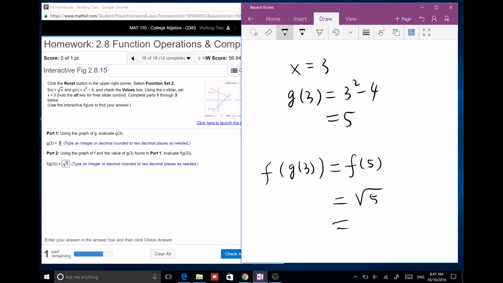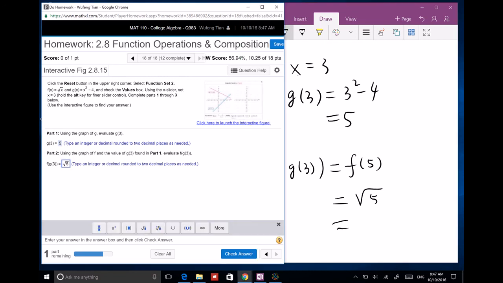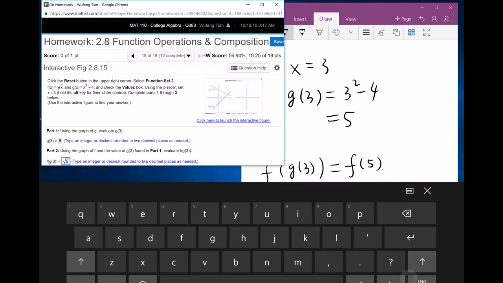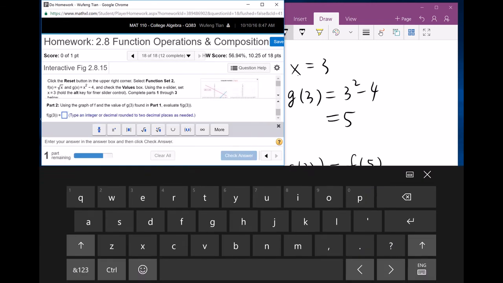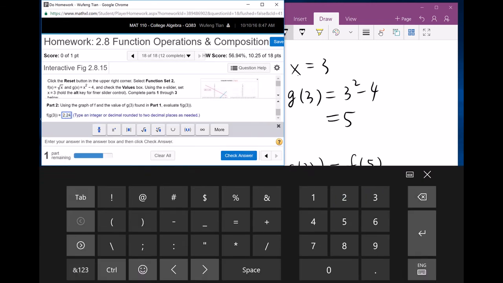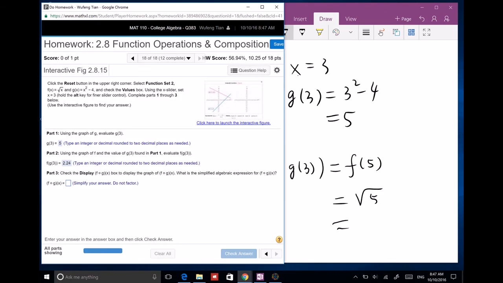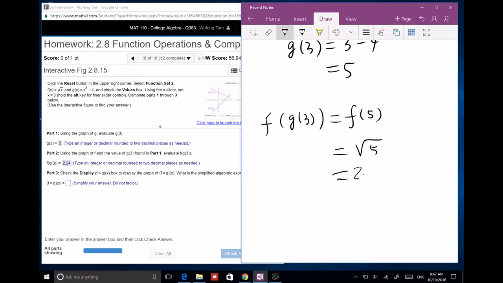With 1 decimal you'd get it, but with 2 decimals I have to use a calculator. It's 2.23, 2.24. So it's 2.24.